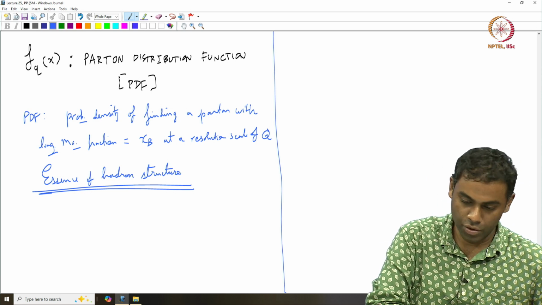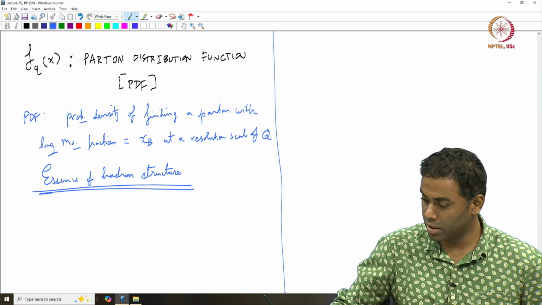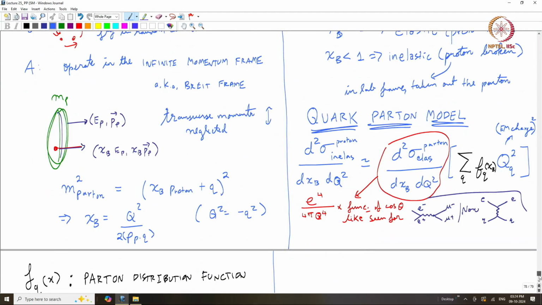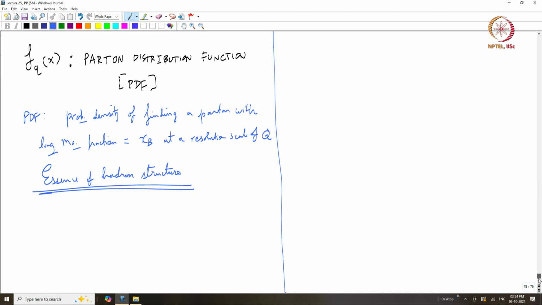Again I am not going to write this now, but I am going to say it: in this model, the inelastic scattering on the composite proton is like the sum of elastic scattering on point like quarks. That is important, point like, because we said elastic, of course weighted by the PDFs.